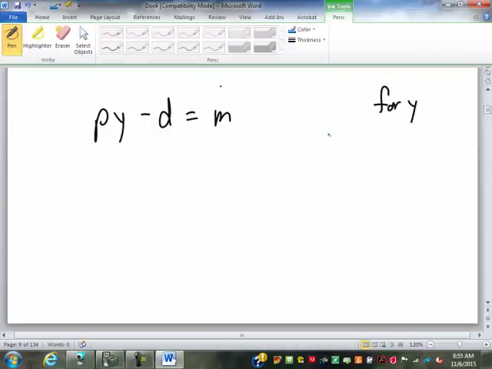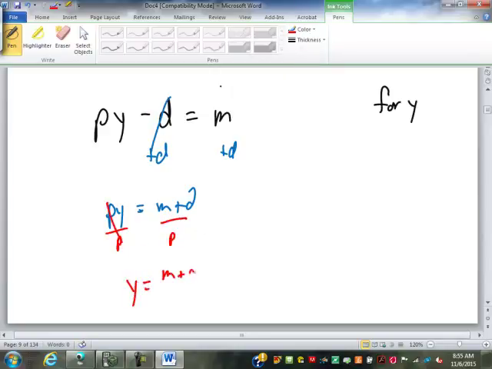So we're going to add d. Py equals m plus d. And then, perfect. Divide by p, y equals m plus d all over p.